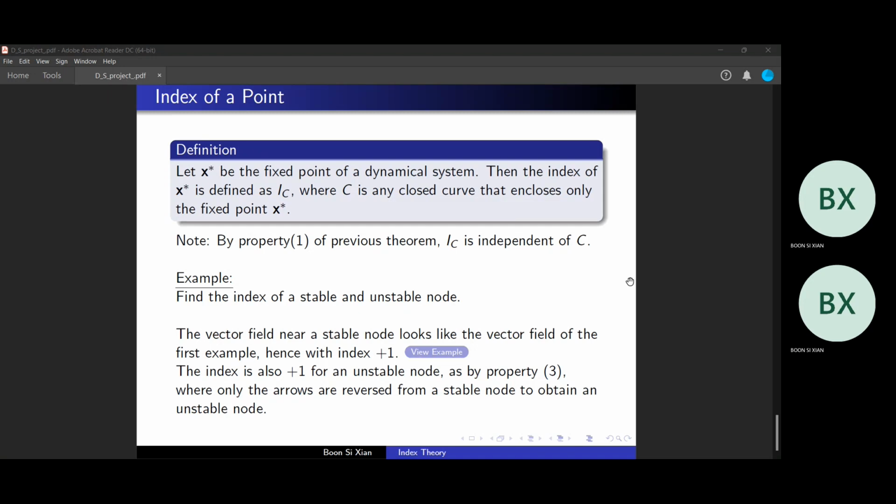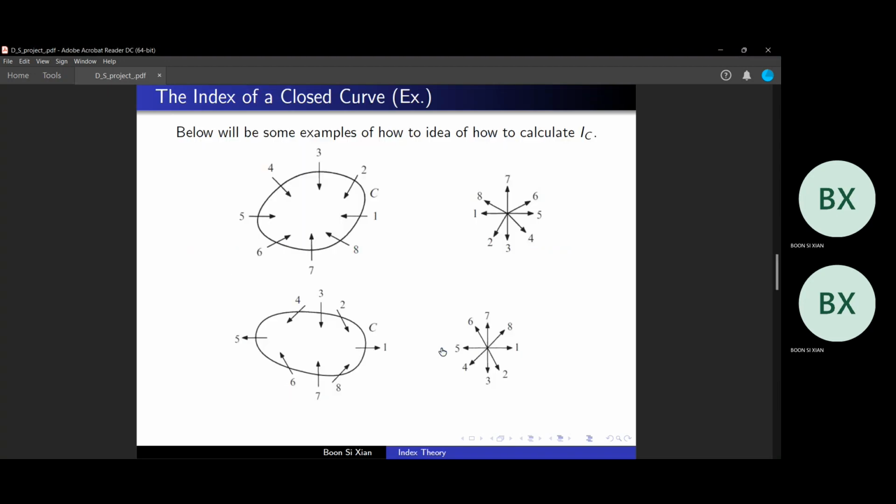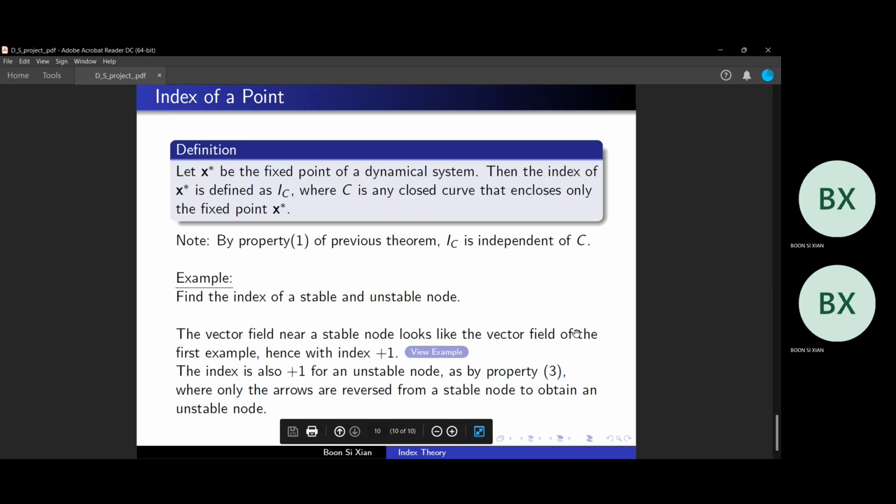Next, we will discuss the index of a stable and unstable knot. The vector field near a stable knot looks like the vector field of the first example. It is a stable knot, and note that every arrow will point towards the stable knot. So the index will be similar to the first example, which is positive 1.